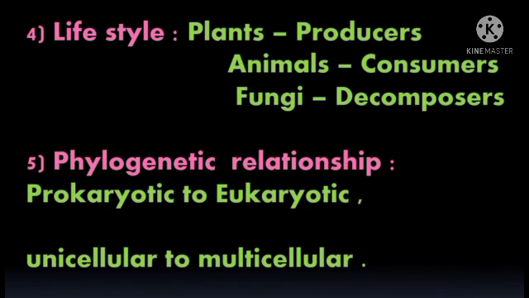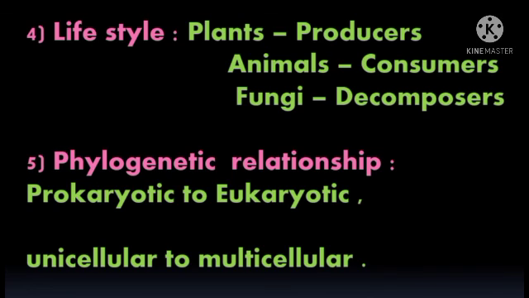Fifth criteria for classification is phylogenetic relationship, where two terms are included: prokaryotic to eukaryotic and unicellular to multicellular. Students, phylogenetics is mainly concerned with the relationships of an organism to other organisms according to evolutionary similarities and differences.